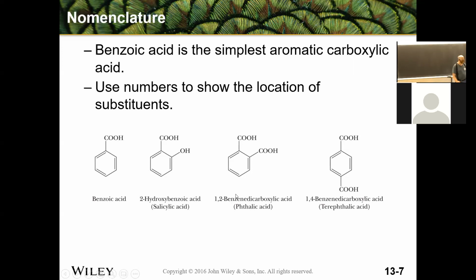This is 1,2-benzene dicarboxylic acid. This one is more commonly known as phthalic acid, P-H-T-H-A-L-I-C. And then 1,4-benzene dicarboxylic acid is called terephthalic acid. In the United States, terephthalic acid is much more commonly used.